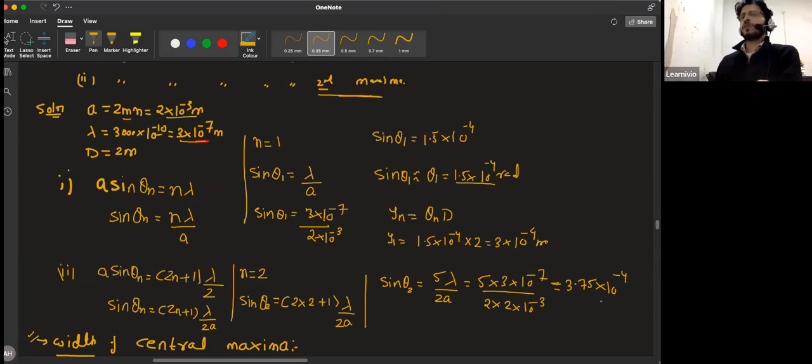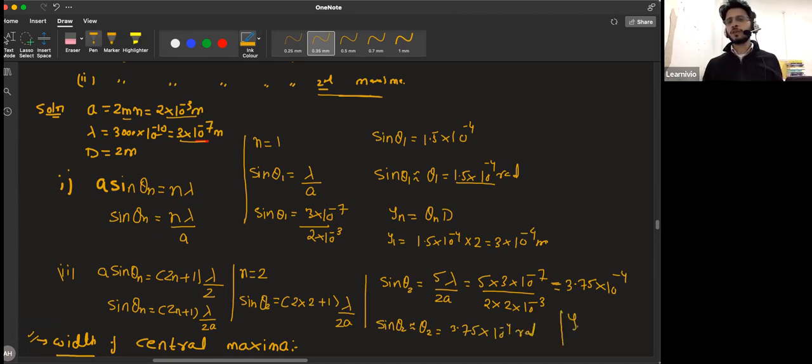And this is very, very small again. You can write sine theta 2 is almost equal to theta 2, which is 3.75 into 10 raised to the power minus 4 radian. And for linear, you can just multiply this angle with d.